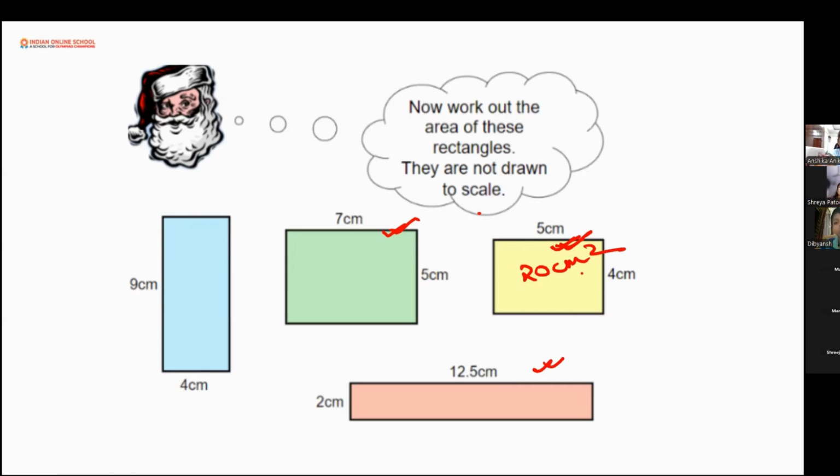What would it give? Ma'am, is the answer 25.0?